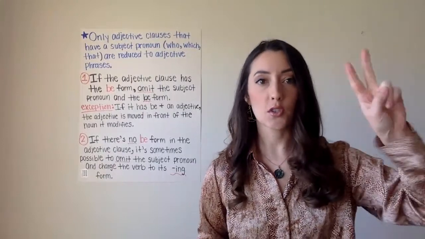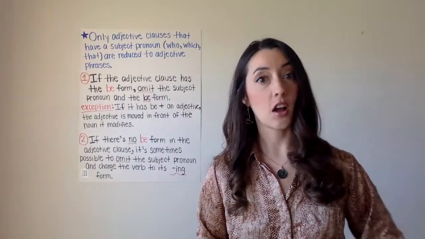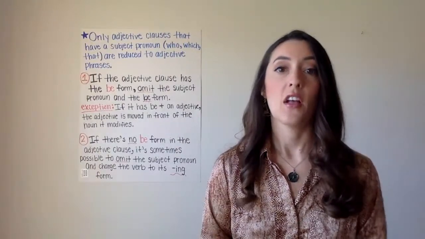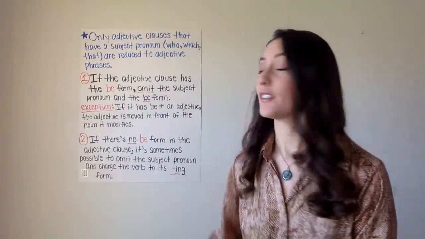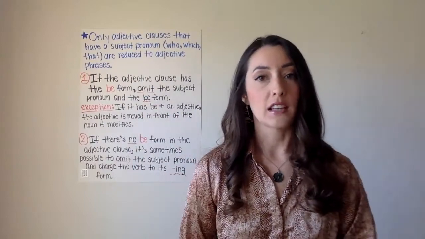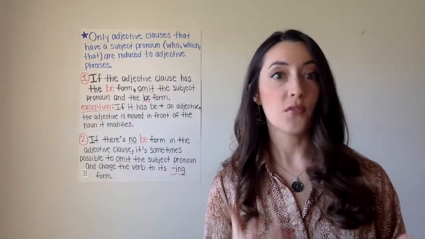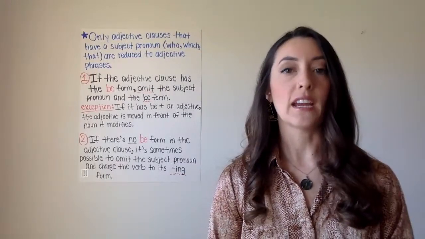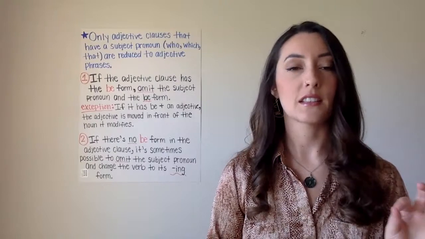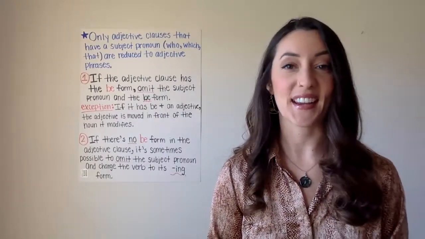So there are two rules that we're going to cover today when we want to make an adjective clause an adjective phrase. The first one is, number one, if the adjective clause has the be form, meaning the verb be in some form in the sentence, we are going to omit the subject. Omit just means delete or take away, okay?